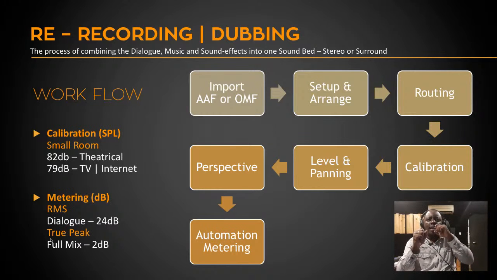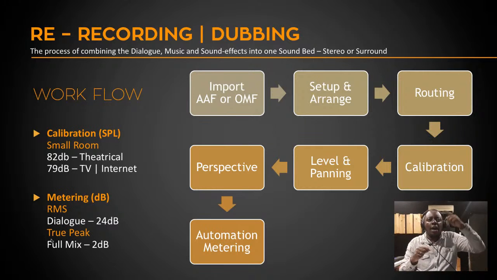Dialogue is the one that tells us how loud our movie needs to be. And at minus 24 dB full scale loudness units, once we have dialogue hitting this threshold, we will normally meet the standards that the distributors, the people who are buying the content, need.